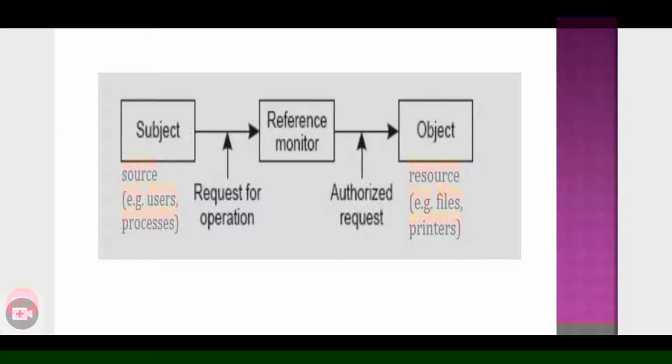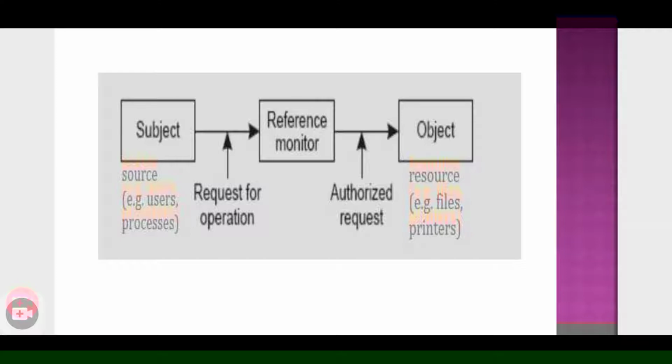For implementing access control, we have a subject and an object. In between there is a reference monitor. Users and processes are examples of subjects, and they request a particular operation from the server.